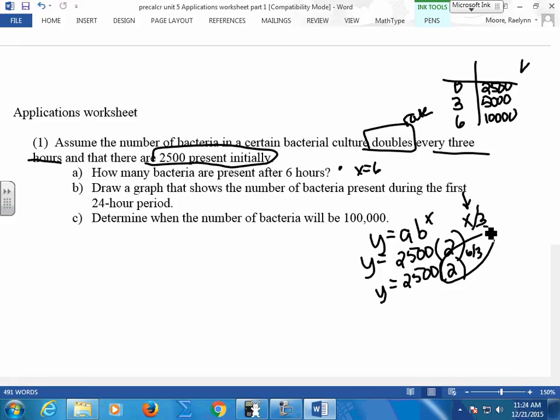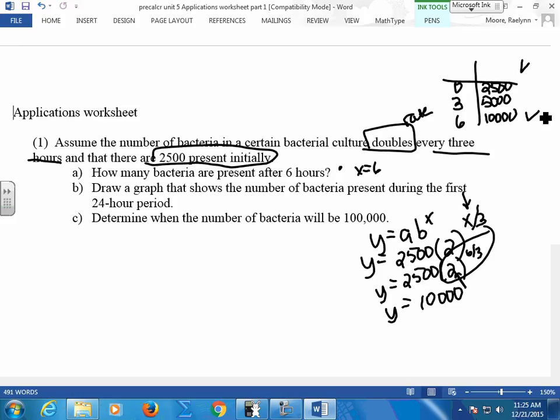The exponent only belongs to the 2, so it's like 2 squared. 2 squared is 4, times 2,500 is what? 10,000. Didn't I expect that after 6 hours? If I forgot to do my cycle, I would definitely not see that match. I don't want to be doubling this every hour. I want to be doubling this every 3 hours.